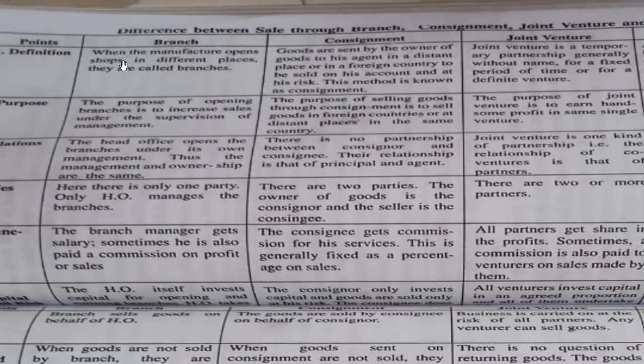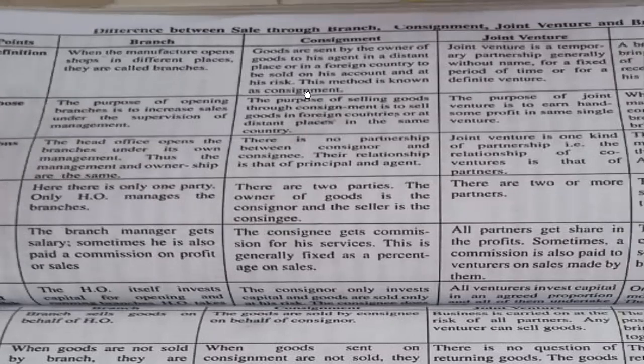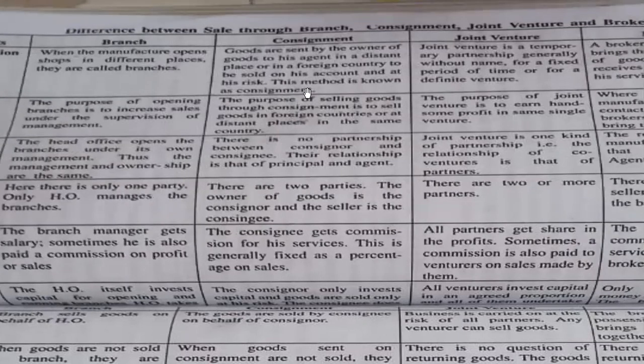In branch, when the manufacturer opens shops in different places, these will be treated as branches. Consignment we have already understood, so we'll just go through it again. Goods are sent by the owner of goods to his agent in a distant place or in a foreign country to be sold on his account and at his risk.